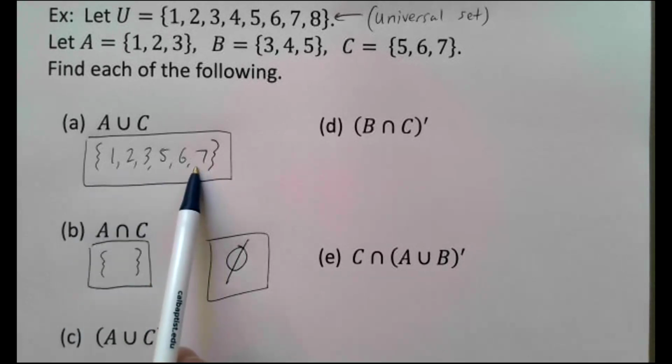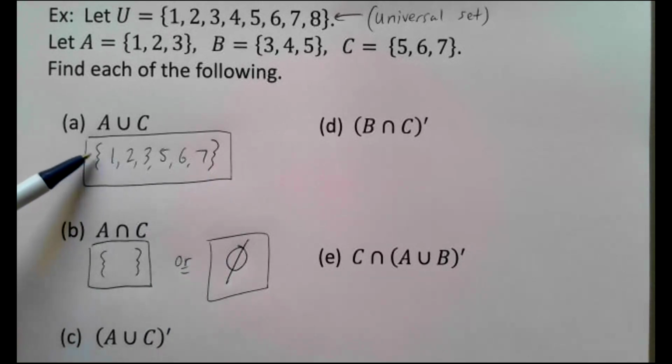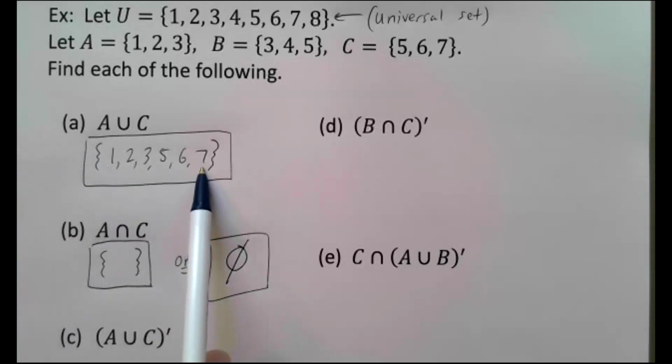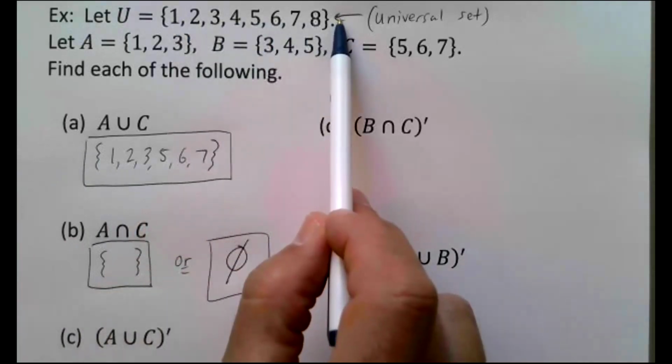We know what A union C looks like. So the answer to part C is going to be basically the opposite of what we got in this answer. That means everybody that's not in here when compared to the universal set.